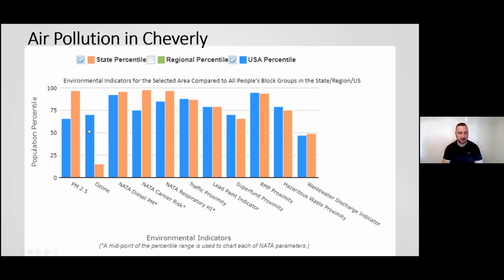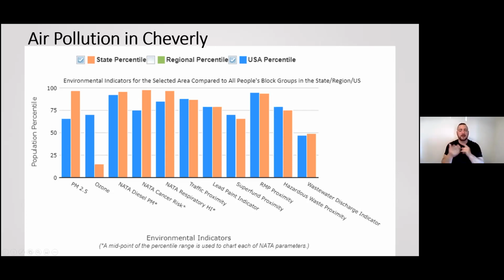Go over here to ozone, again, 70th for the country, pretty low though, comparing it to the rest of the state. But for all of these, we call these indicators of air pollution, or in this case, not air pollution but water pollution, for all these other indicators, it's really high compared to the rest of the state and compared to the rest of the country.